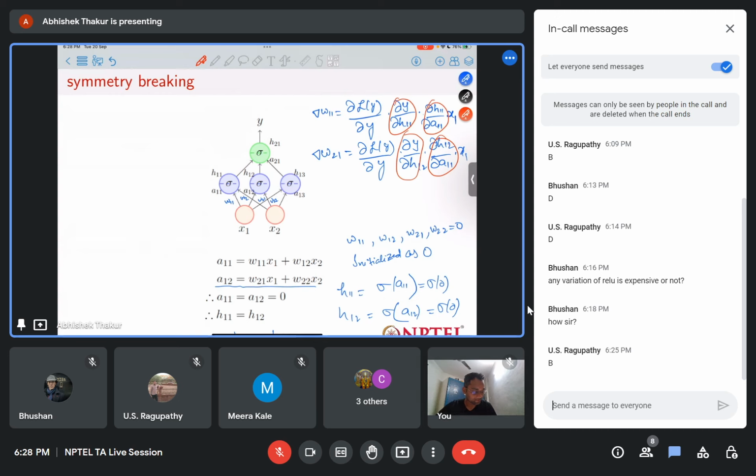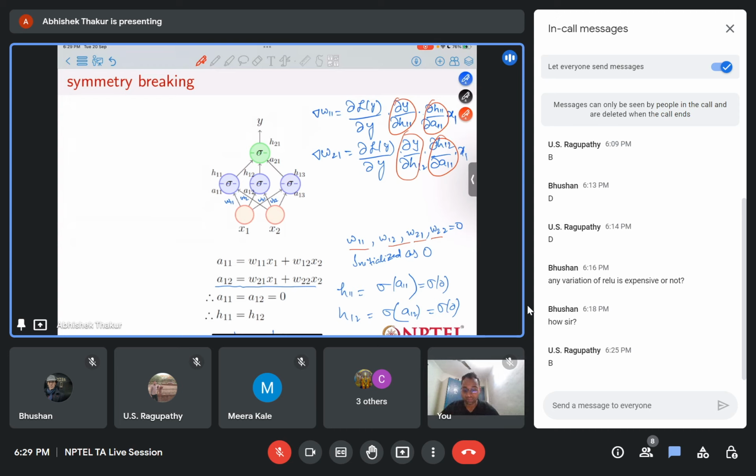Even if you take all the initial parameters, W11, W12, W21 and W22, and initialize all the weights to the same value, in that case also when you update, all the weights will get updated together and remain equal. So this symmetry will never break or converge.